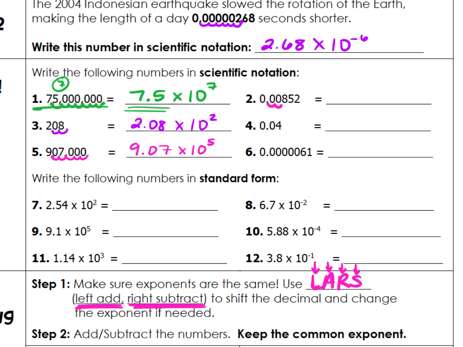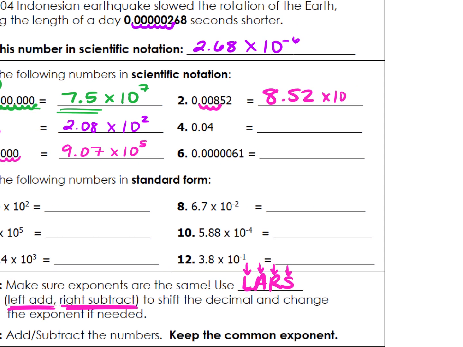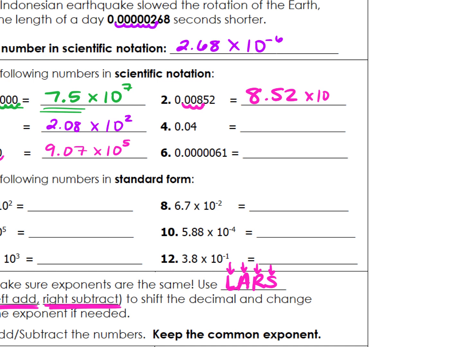So 1, 2, 3 gets me a number between 1 and 10, right? 8.52. Your number was a teeny decimal, and now it's 8.52. So your number got bigger, and as your number gets bigger, what happens? Your exponent gets smaller, okay? So 8.52 times 10 to the what power? Negative third. Okay.